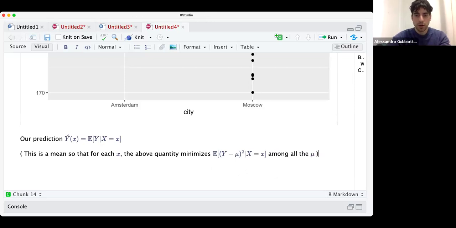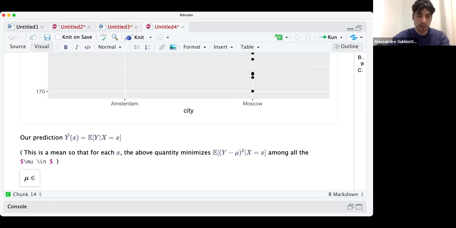So if I choose another mu, it will be bigger.